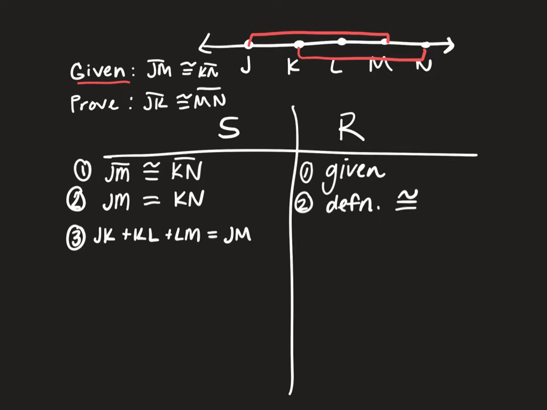Right, you need to split it up into the 3 parts. And so that is the segment addition postulate. So JK, KL, and LM equal this red piece here.